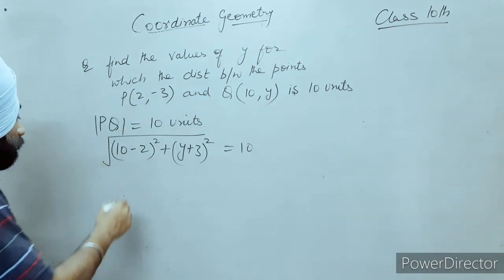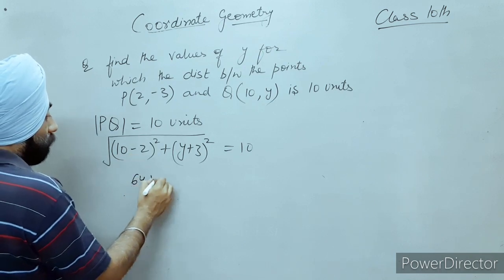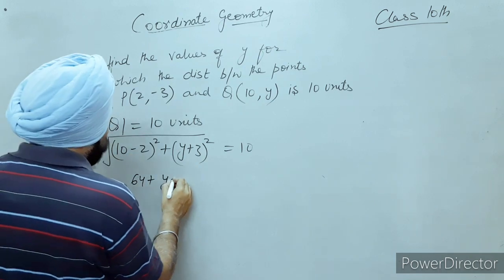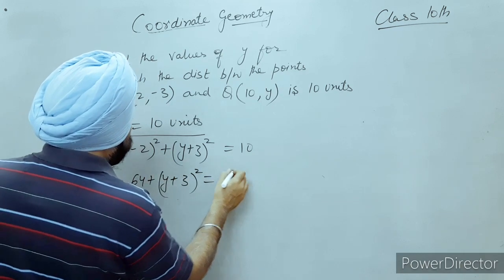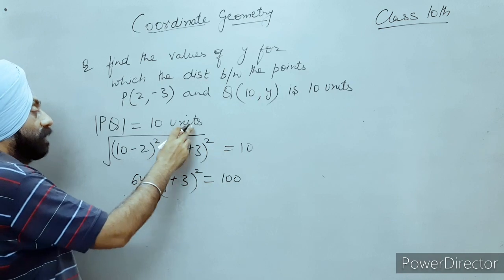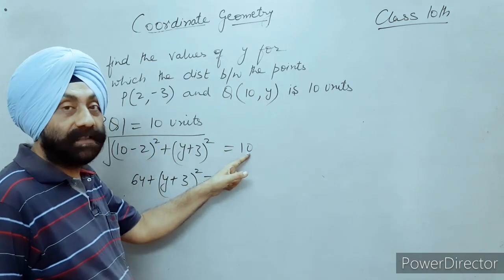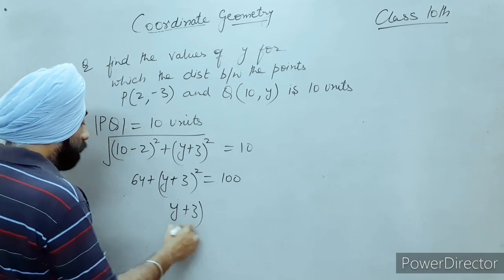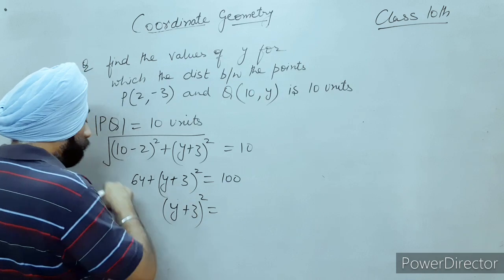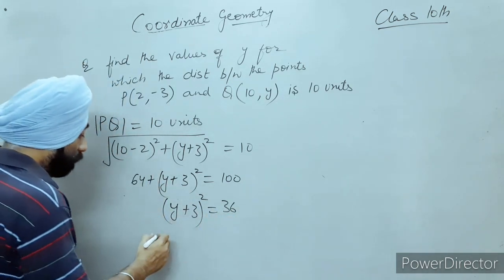Now square both the sides. 10 minus 2 is 8, 8 square is 64, plus (y + 3) square equals 100, because I have squared both sides, the square root and square cancel, and 10 square is 100. Or (y + 3) square is 100 minus 64, that is 36.